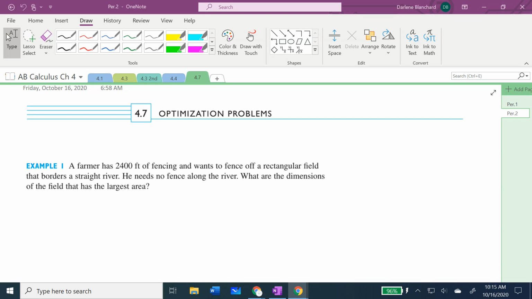Optimization is just an application of absolute maximum and minimum. If you recall, with absolute maximum and minimum, you had to find where the derivative was equal to 0 within the domain, and then check the values of the function at endpoints.